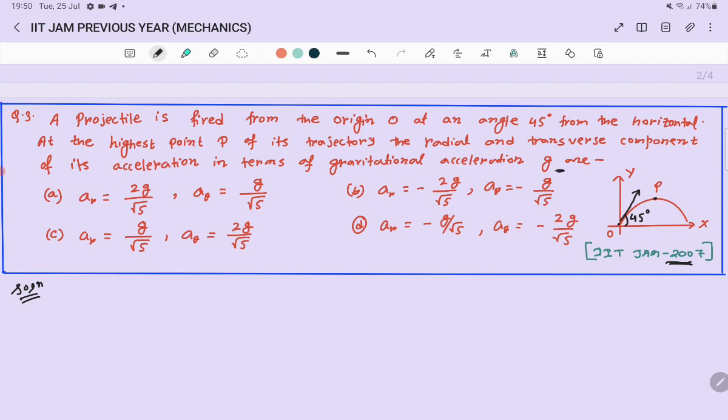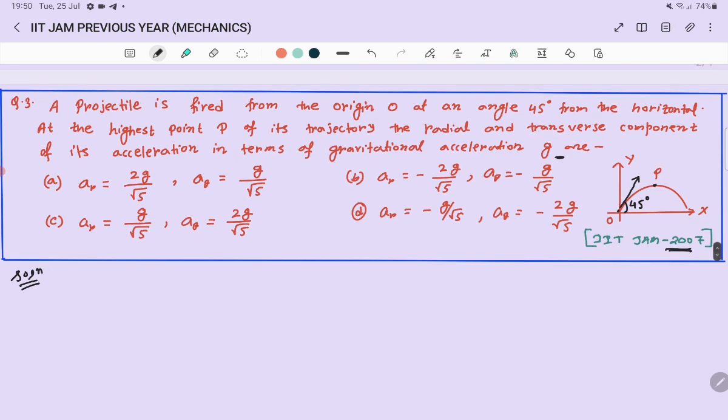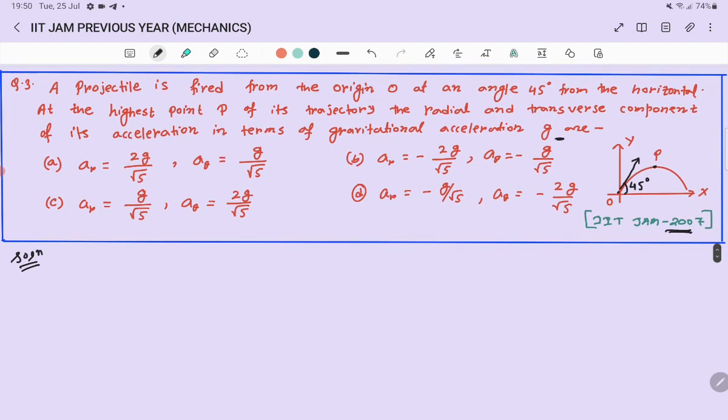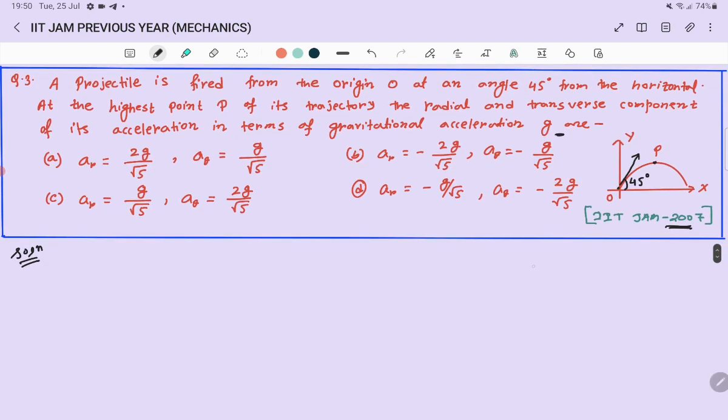So in terms of g, we have to find out the radial and transverse components. Okay, let me draw the figure again, so you can understand easily.